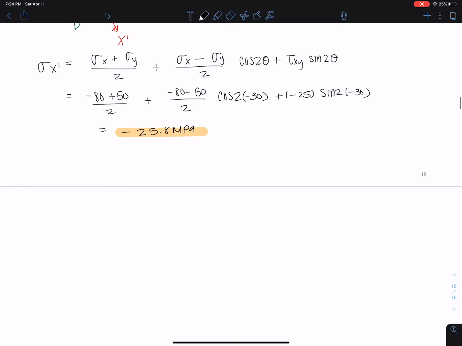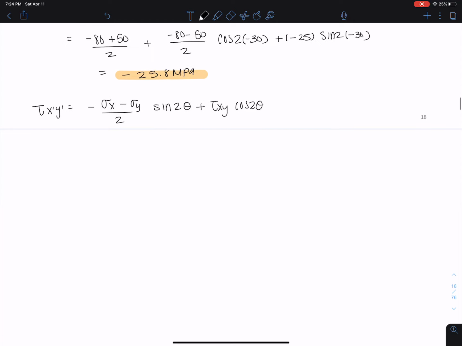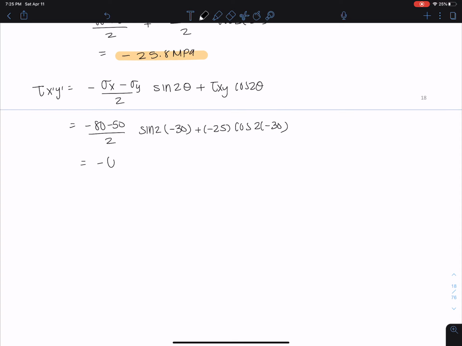And now we can plug into our tau x prime y prime. And we have negative sigma x minus sigma y over 2 sine 2 times negative 30, and here we get negative 68.8 MPa.